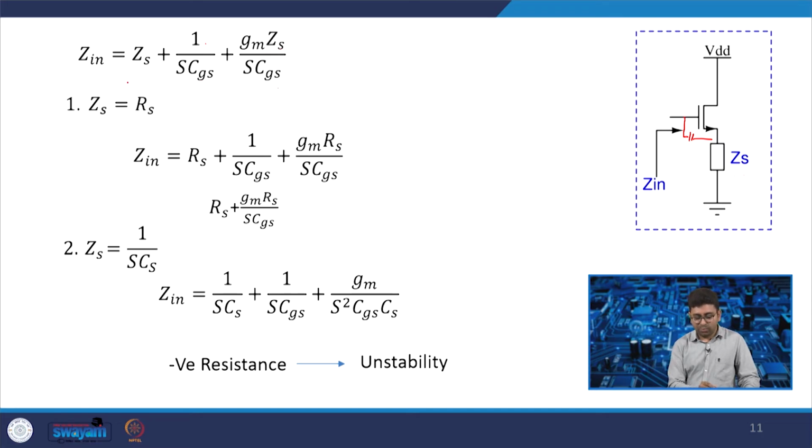So this is the input impedance of the common source amplifier, where your source has a ZS. So this Zin can be found easily if there is a CGS and there is a ZS.